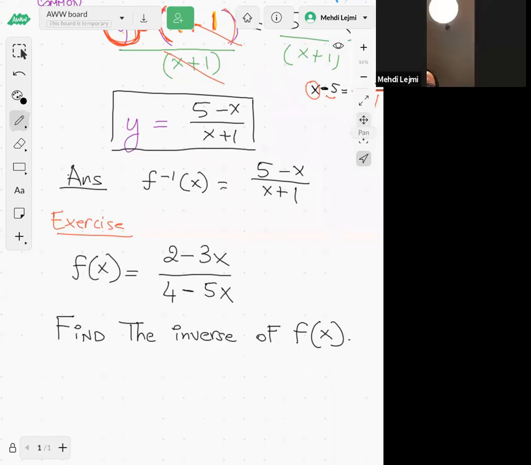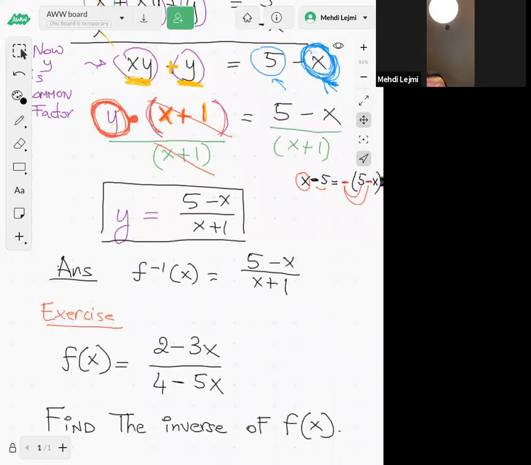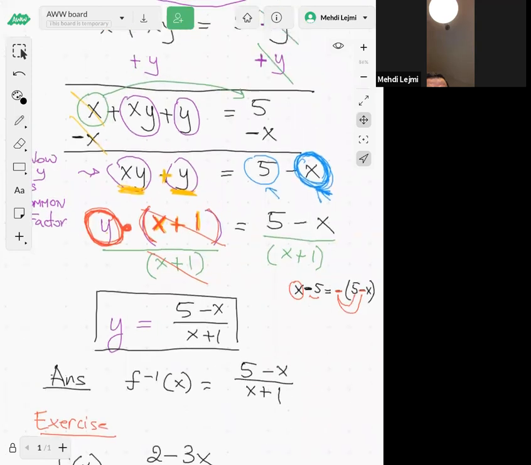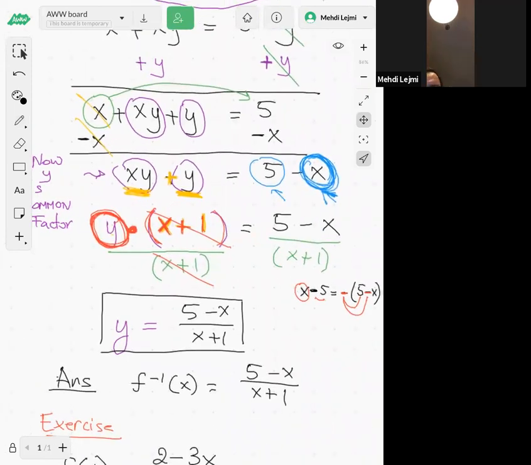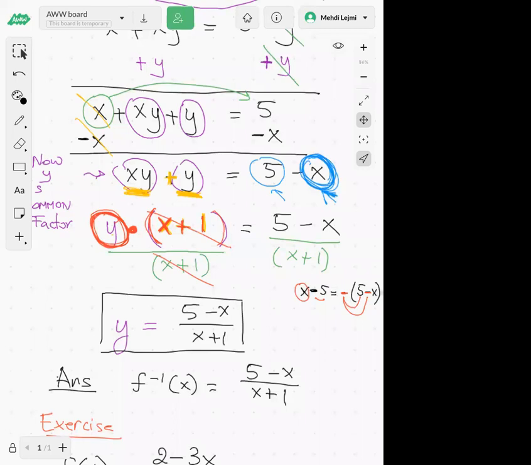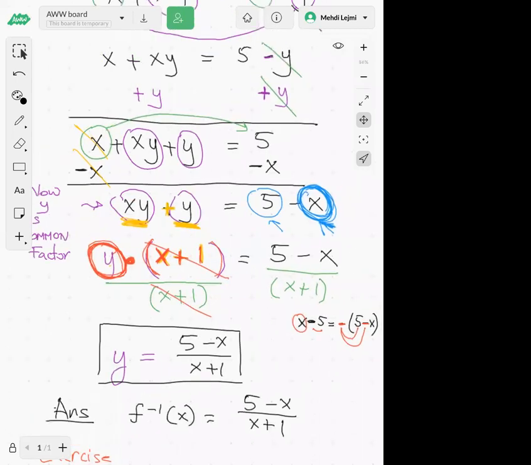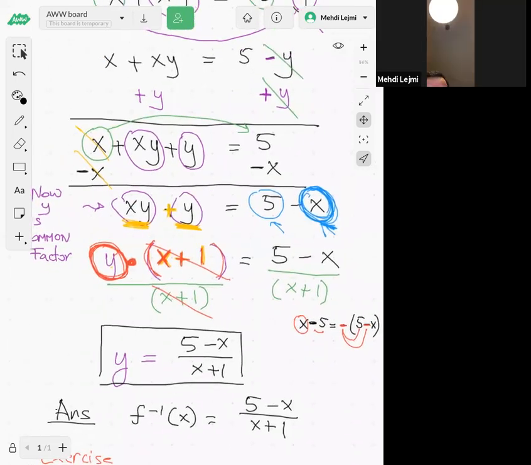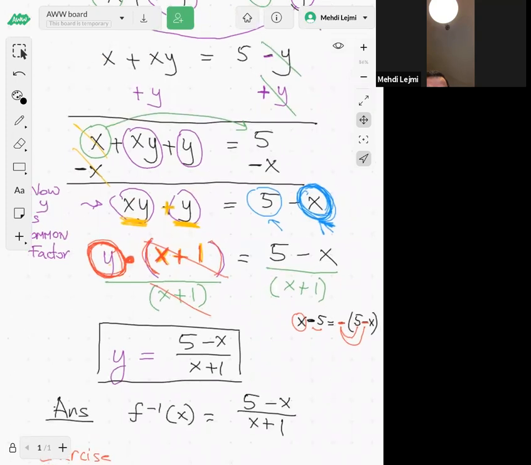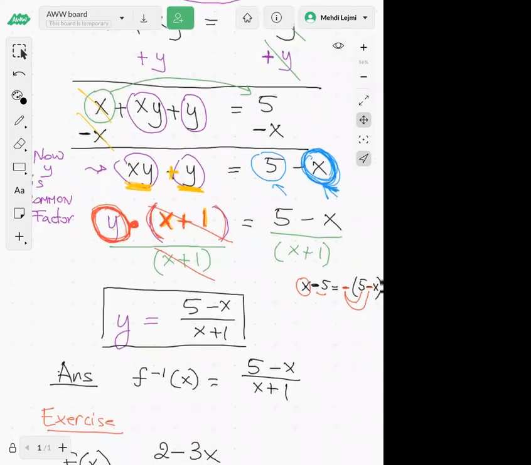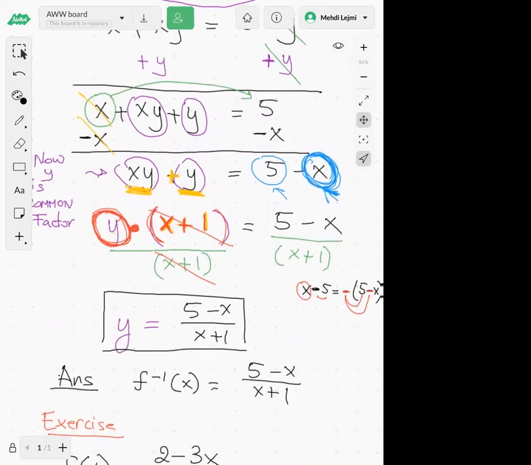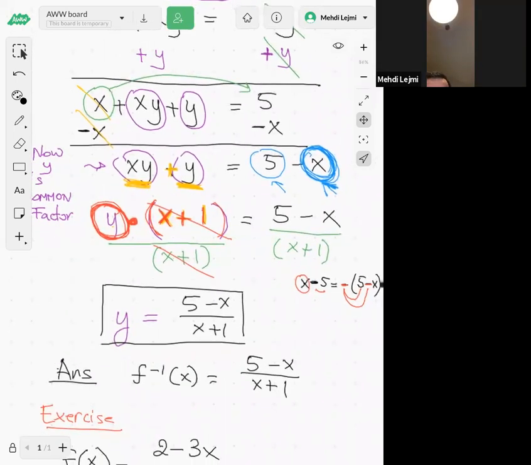Mm-hmm. Which step? I'm not sure if I did it right. I put a 1 under the x, and then I cross multiply. And then I distribute it. That's good.